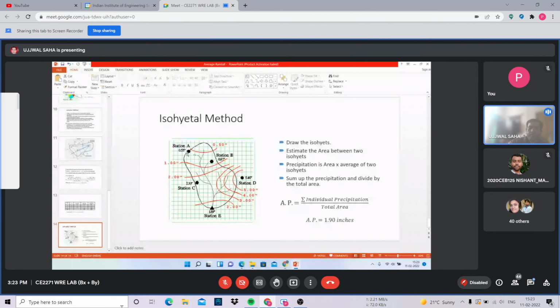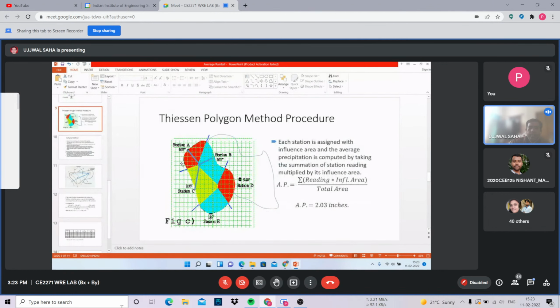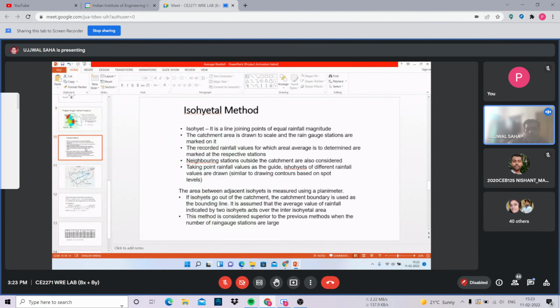It is our assumption. So like this way, we are also assuming that the rainfall within this area between two isohyets will be uniform. So in the isohyetal method also we will divide the area based on its influence, but it will be based on isohyets.